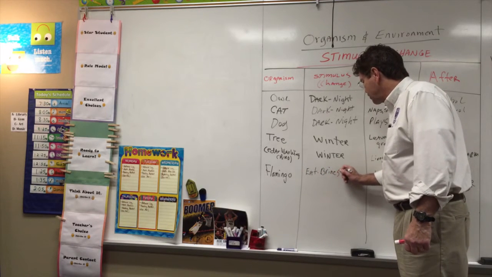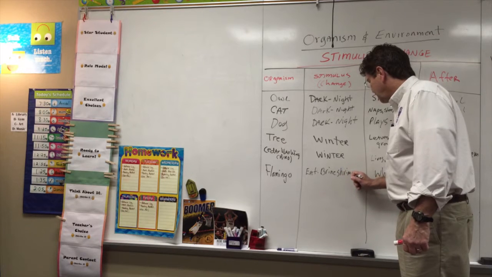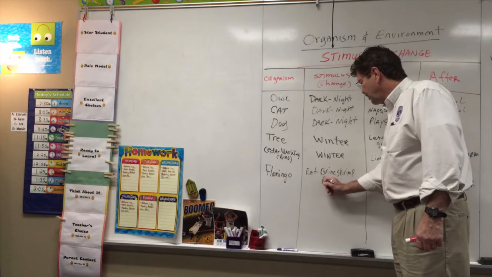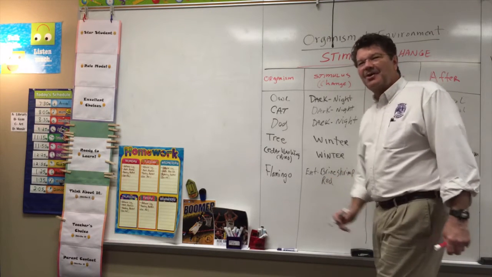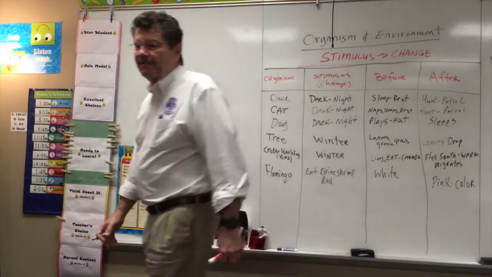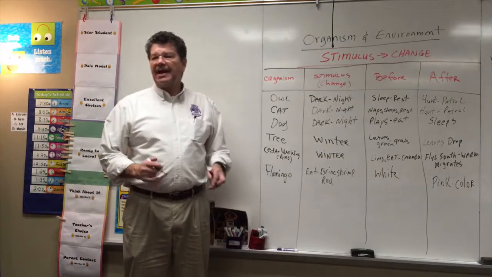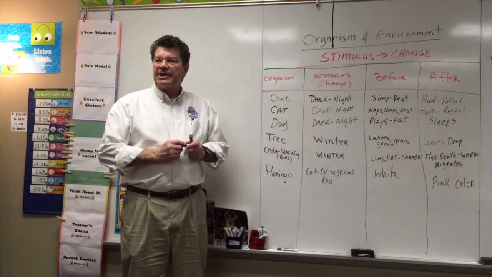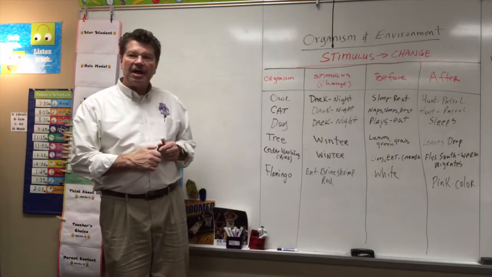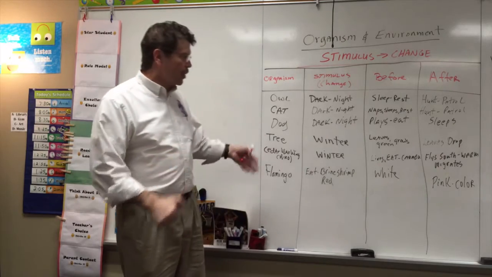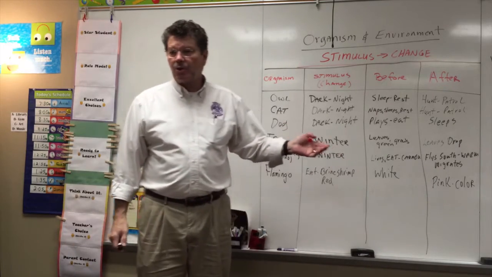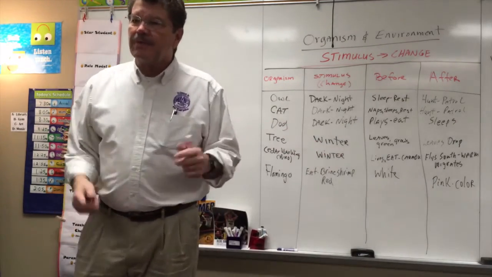And guess what color brine shrimp are? Pink. They're red. So a white flamingo eats red brine shrimp, and the chemicals, the keratin and the colors in the shell of the brine shrimp turn it pink. That's pretty cool.